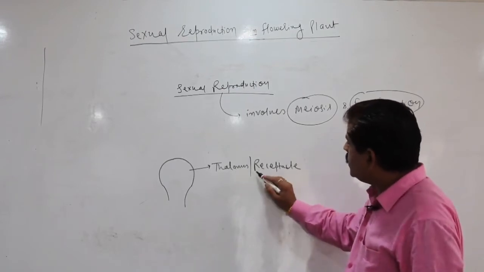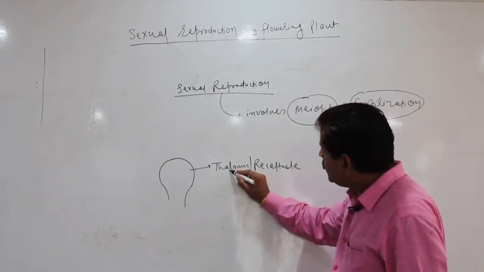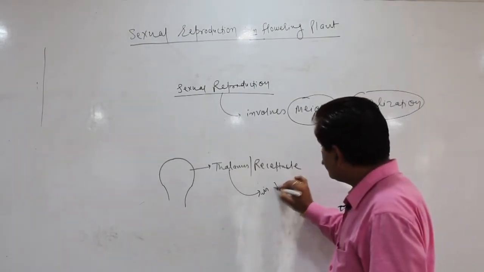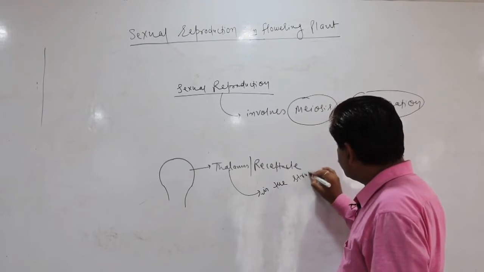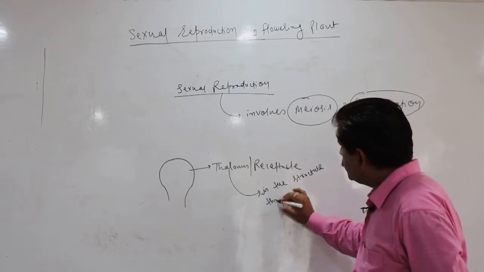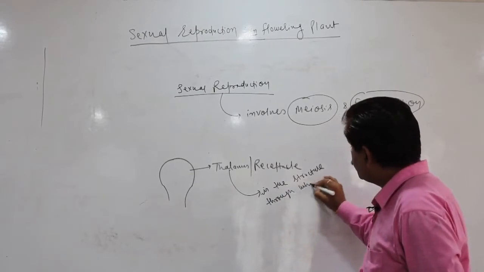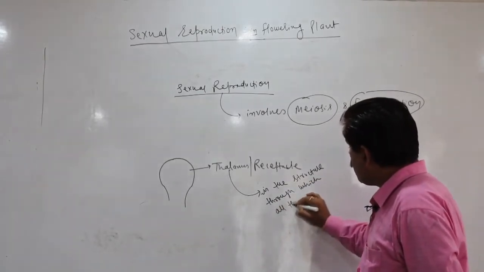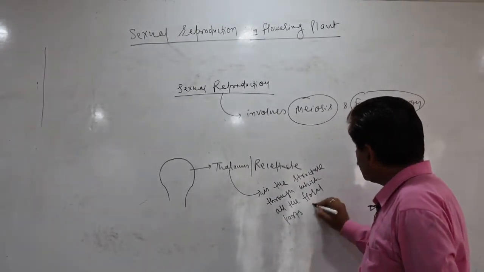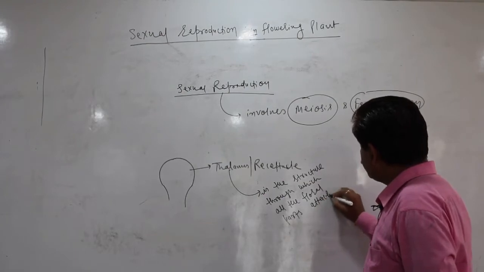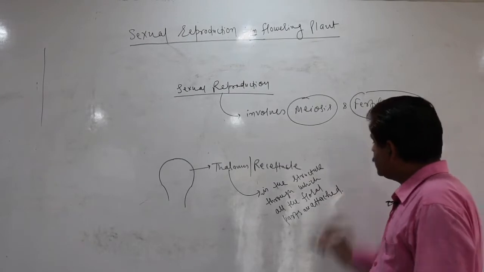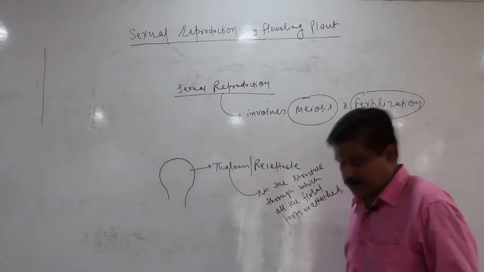Thalamus is the structure through which all the floral parts are attached. This is the thalamus.